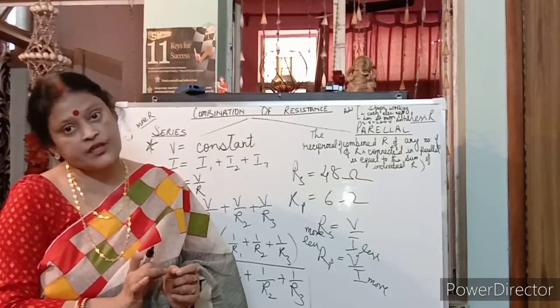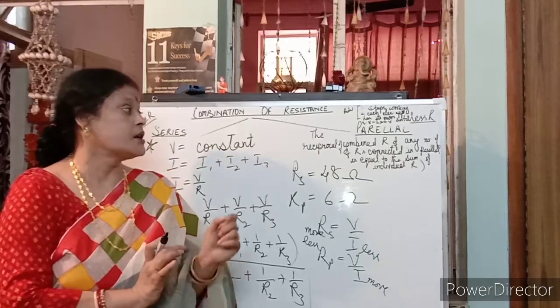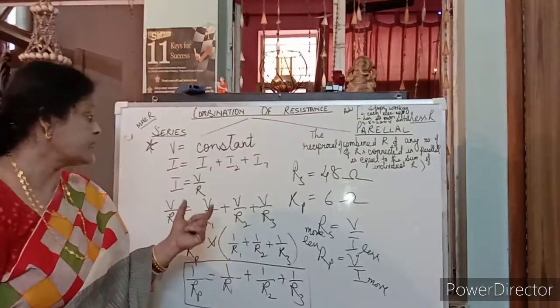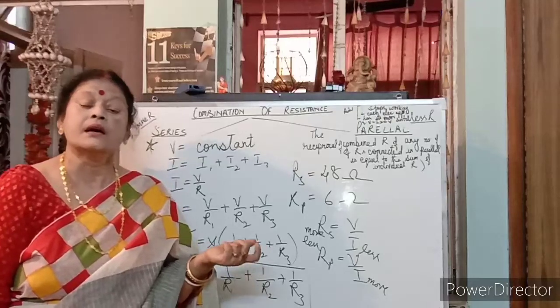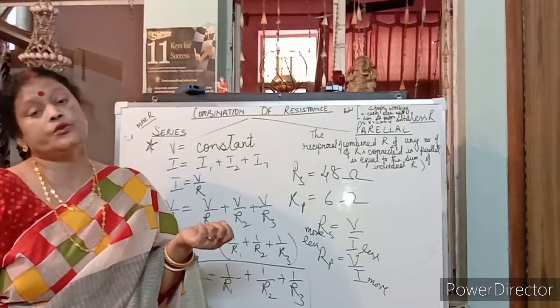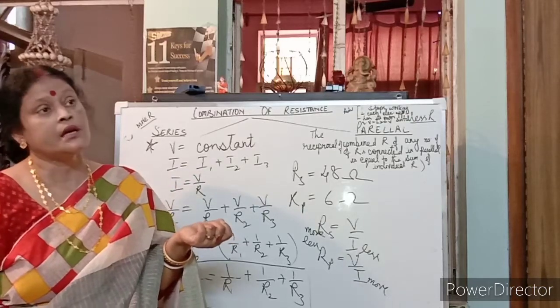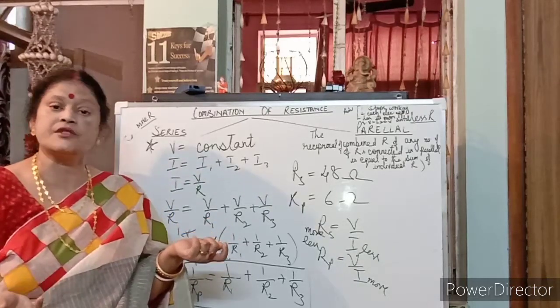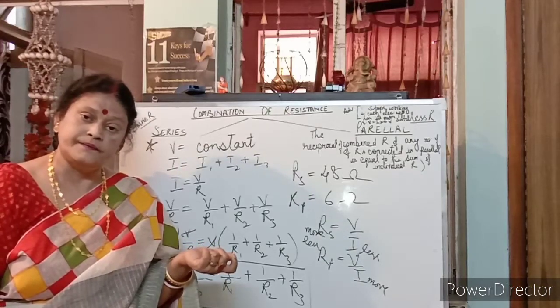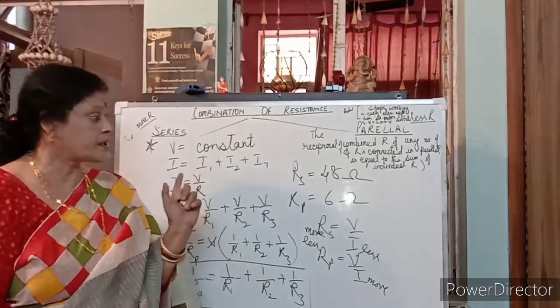This is very, very important. And the third point: the voltage is constant, which is 220 volt. The domestic voltage that is passing through is 220 volt, and because it is constant, we use 220 volt for parallel connection. Clear, students?